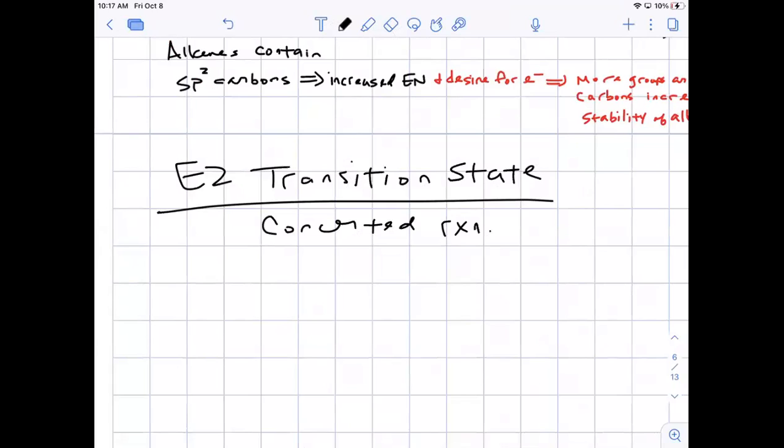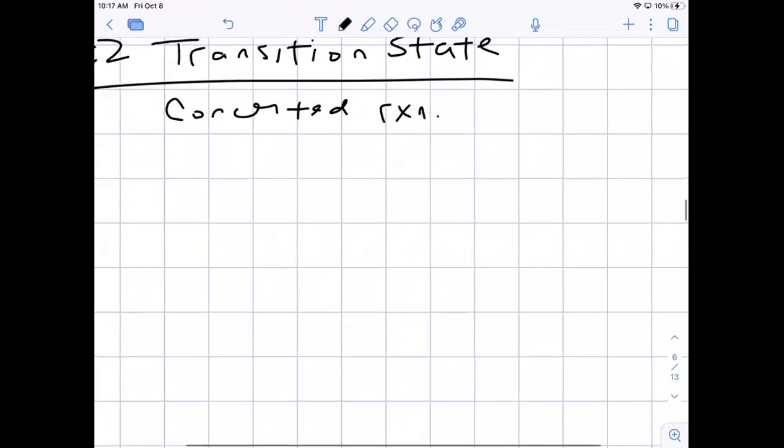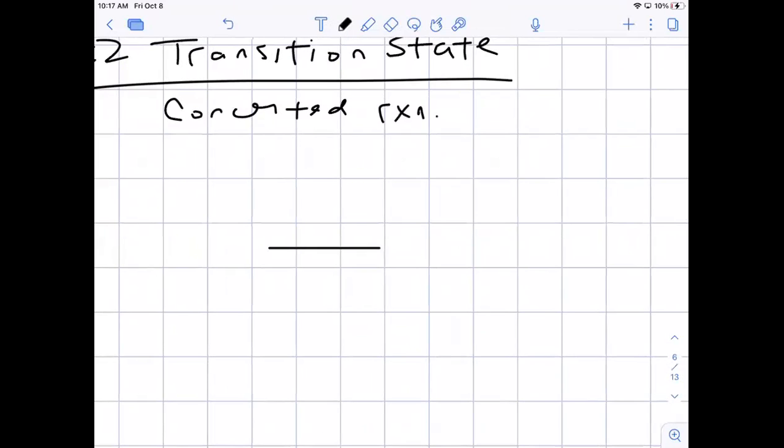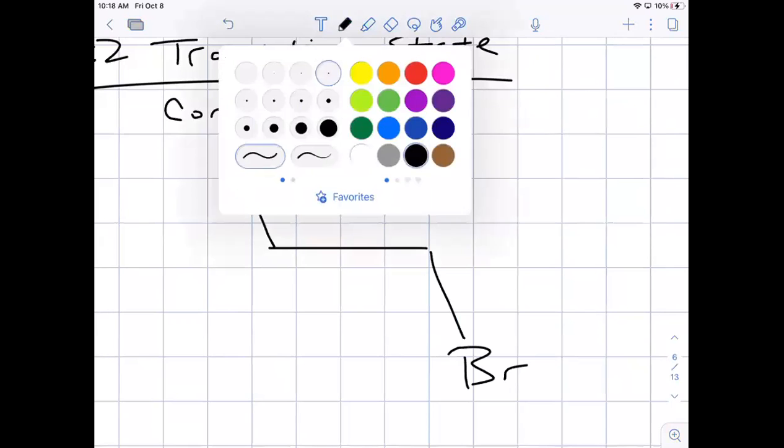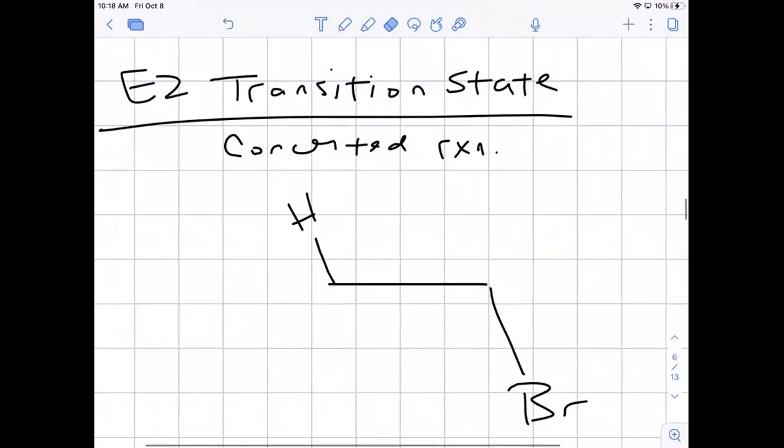All right. So let's look at what the transition state would look like for the E2. And with this, I'm going to talk about one other thing that's important. So this will be my leaving group. This is my alpha hydrogen. Right, and then let me move this down.